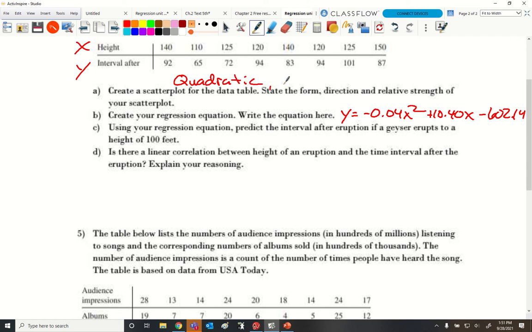Direction, it's going down. And relative strength, r squared was about 0.31. So we answered all three of those now because I did all the work for question B. Is anyone questioned so far?